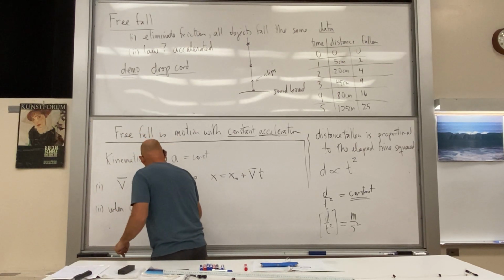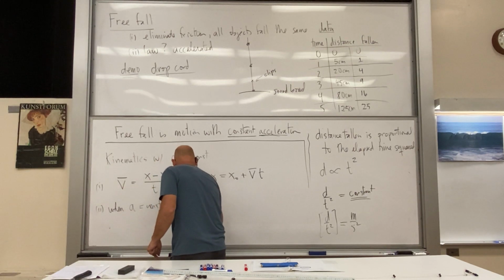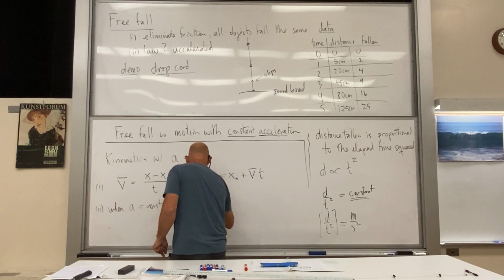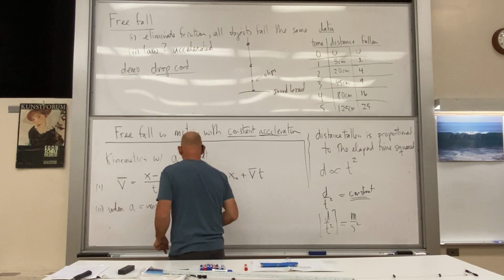So we have v equals v0 plus acceleration times t.